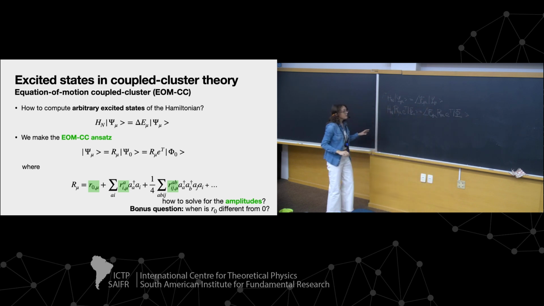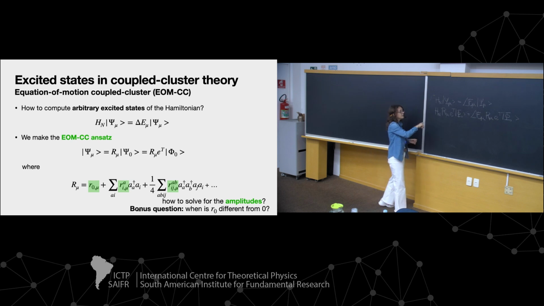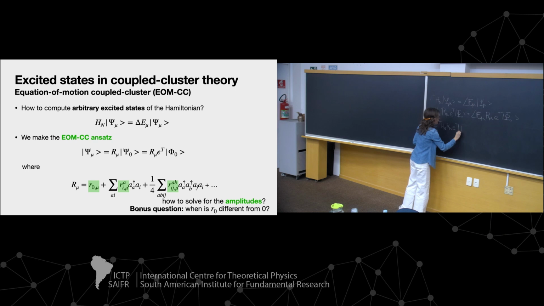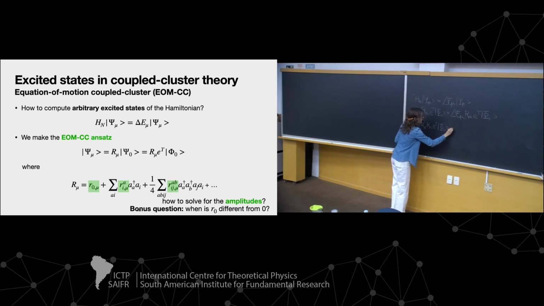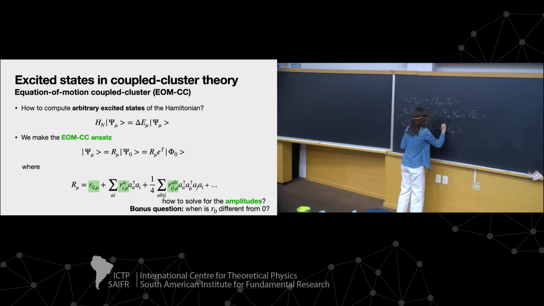So at this point, as we did before for the case of the ground state, we can multiply from the left with e to the minus T. So we will have e to the minus T, H, R mu, e to the T, psi 0, equal to delta E mu, e to the minus T, R mu, e to the T, psi 0.